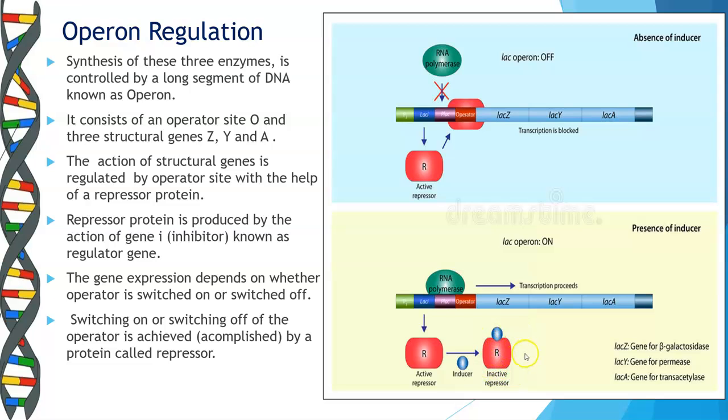The moment your repressor is inactivated, your operator is free, the RNA polymerase can bind here and transcription of these genes will take place. And then further in the translation process, these three enzymes will be synthesized. So this is how the switching on and off is controlled by your repressor proteins.